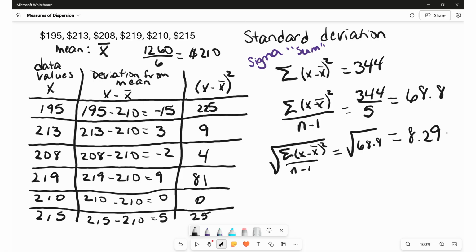So what this basically tells us is how tightly packed or how loosely packed our data is. When we're talking about hundreds of dollars and a standard deviation of $8.29, basically all of those prices are pretty close together. And we can see that with such a small data set. Standard deviations really come in handy when we have a very large data set. And that's what we're going to take a look at next.